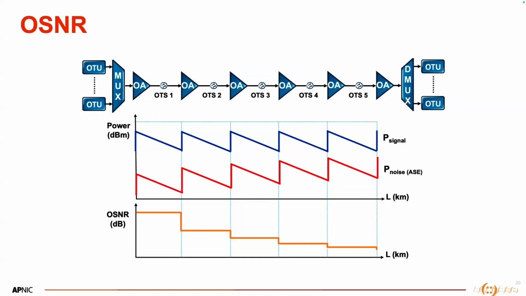If we have a high OSNR, that means our system is doing fine. Our system is healthy. We're not adding a lot of noise in our network, and the signals passing through our network are very good and healthy signals.